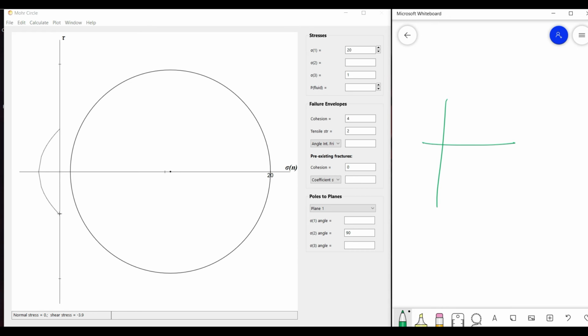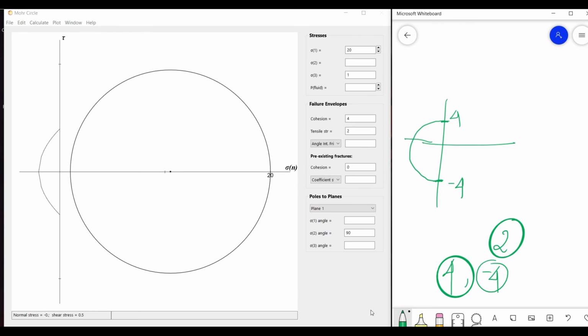You just need to look at the bottom left of the image: this one is minus 4 and this one is plus 4. So the cohesion is nothing but the y-axis intercept of the curve. By keeping the tensile stress at 2, we are getting two values, plus 4 and minus 4, so the curve will be just like this.